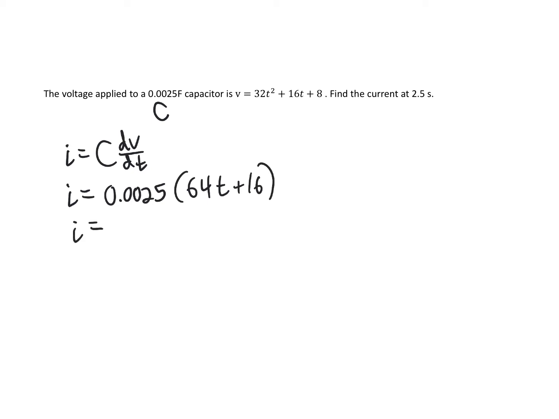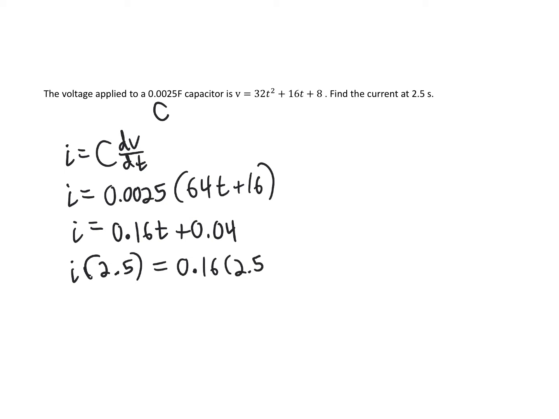We can simplify this. Plug in our 2.5, giving us 0.44 amps at 2.5 seconds.